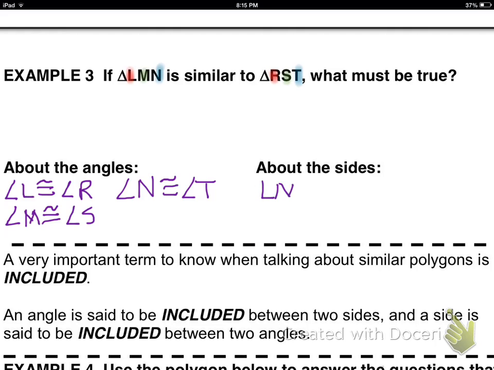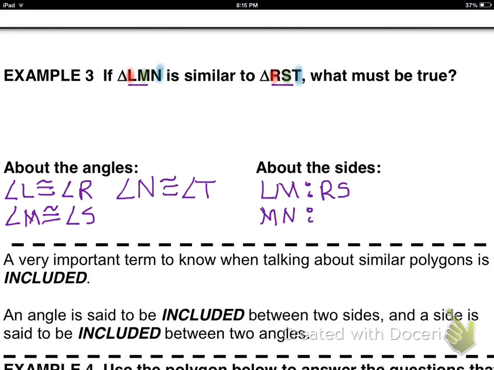Now, what about the sides? Well, notice that LM and RS are right next to one another in their respective names. There are segments that would lie between those 2 points on those triangles. And so side LM and side RS correspond to one another and can be written as a ratio.